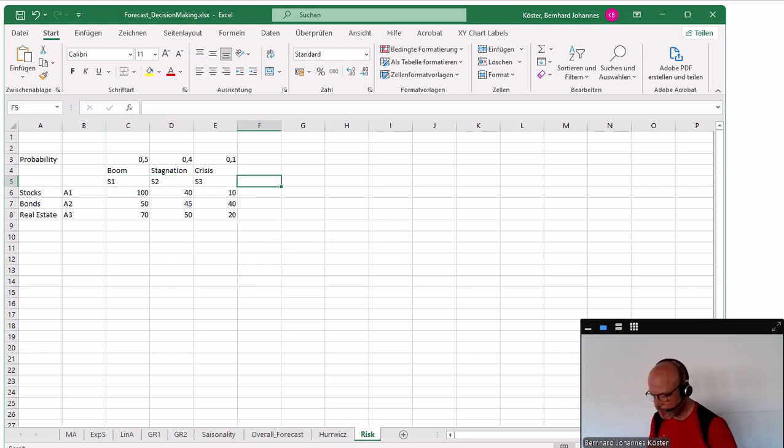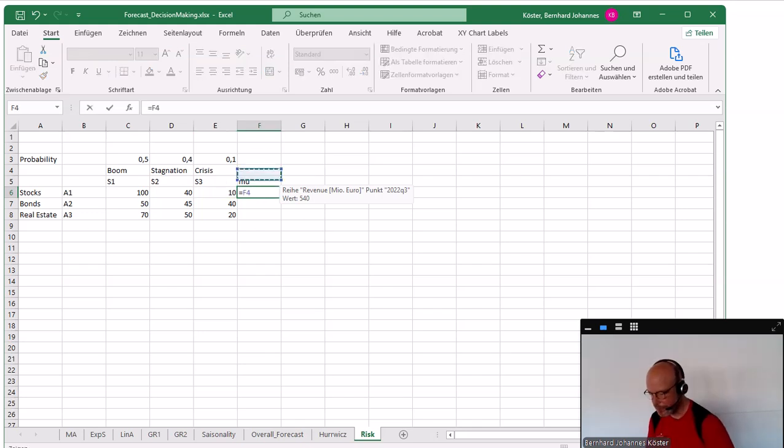So expected value. How do I calculate this one? For the first alternative, yeah, and then add up. Yeah, of course. So this and this I can copy down.